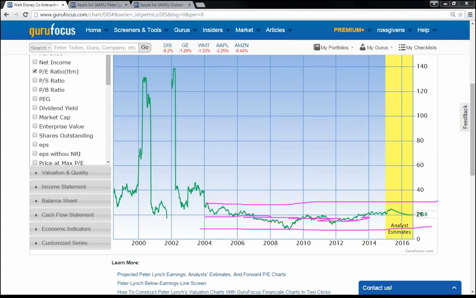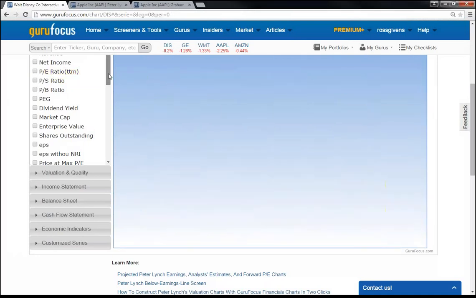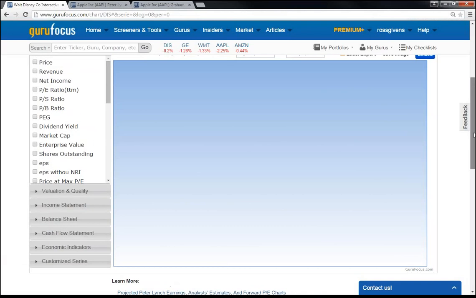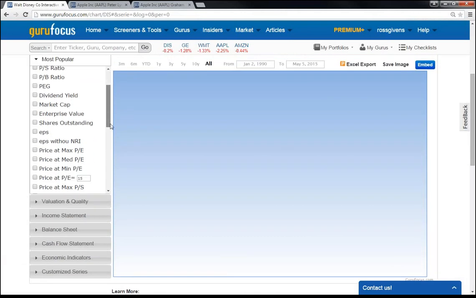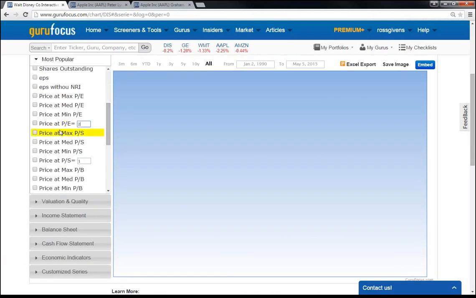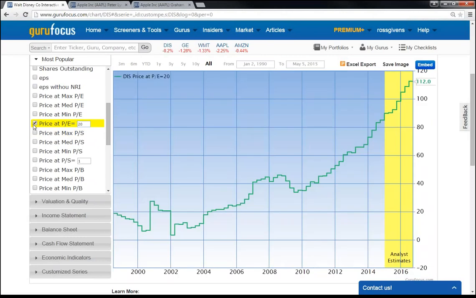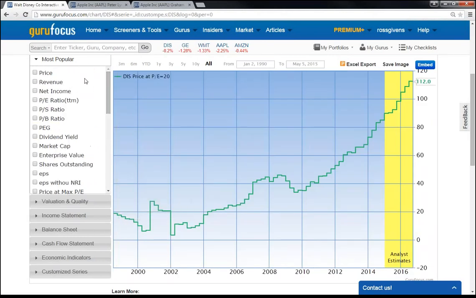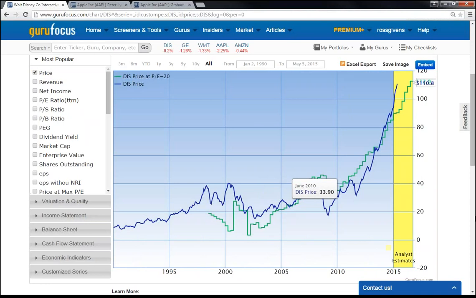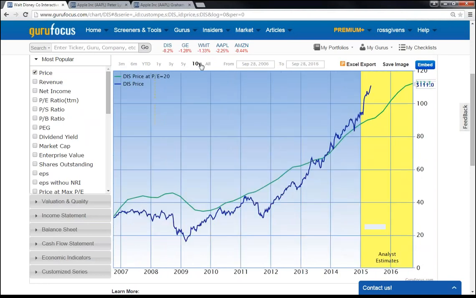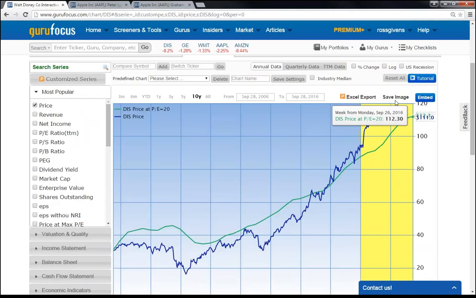So we figured Disney's a top caliber company. They're probably worth 20 times earnings, at least it's where they normally trade. Then we just go over here. We want to see the price at 20 times earnings, overlaid with the current stock price, in the last 10 years. We can declutter this chart.